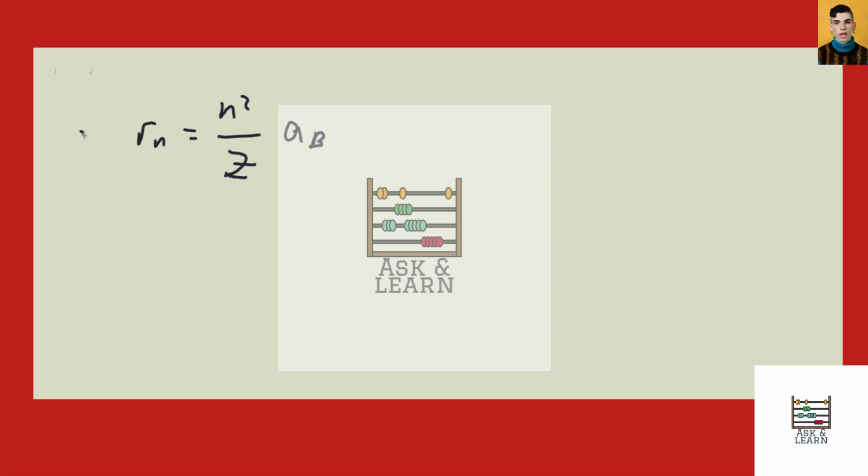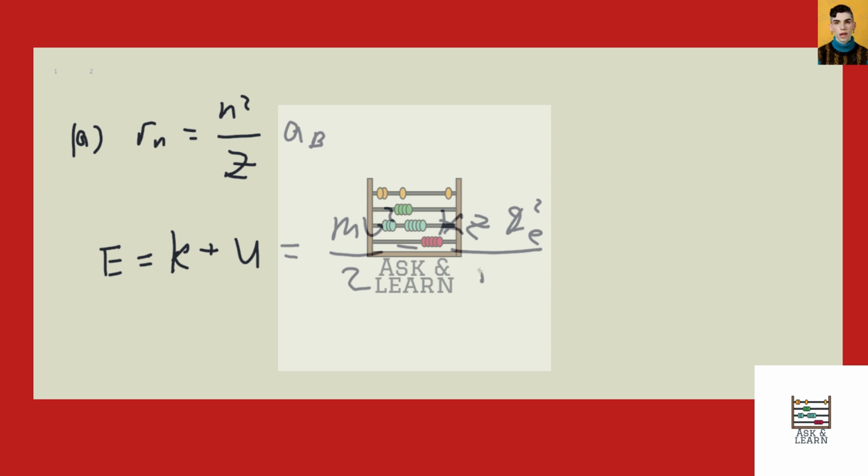And the second part is to find the energy. The total energy of the electron is kinetic energy plus potential energy, where kinetic energy is m v squared over 2, minus k Z Qe squared over R_n.